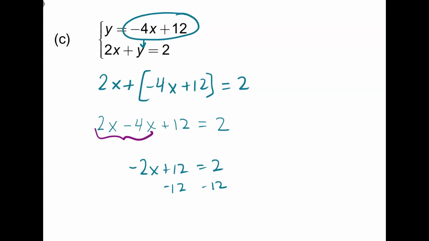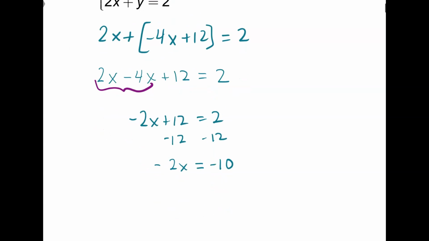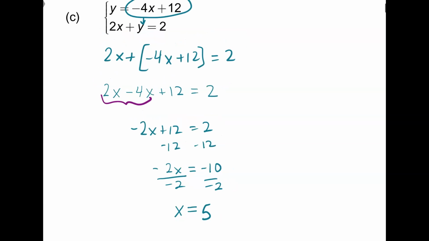Then I move the number to the other side. I still have -2x on the left side. Need to divide by -2 so I can get this x by itself. And now the tricky part is -10 divided by -2, so a negative divided by a negative is positive, so it's 5. And then we get to choose.